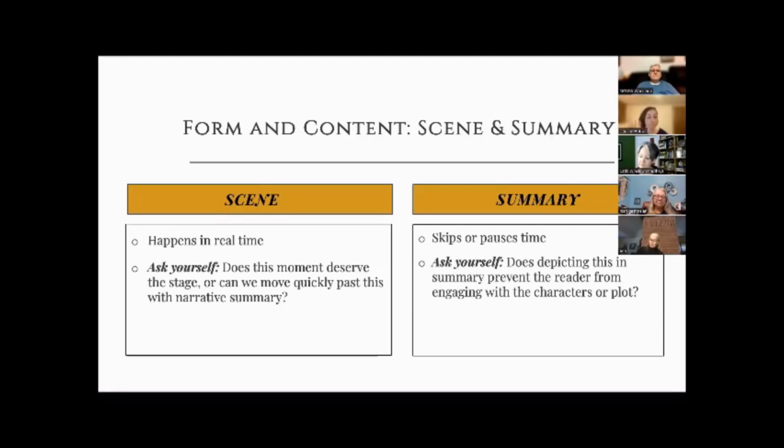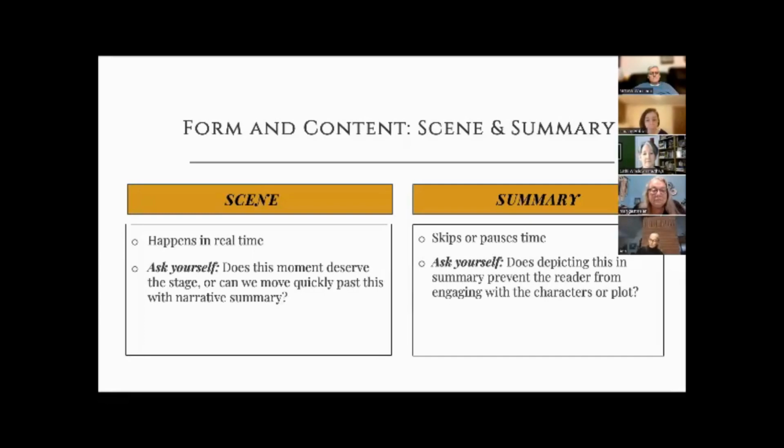So when we think about the passage of time in terms of how we are presenting different elements of our story, some of the things you can ask yourself are, if you are in scene, does this moment deserve the stage, or can we move quickly past this with narrative summary?